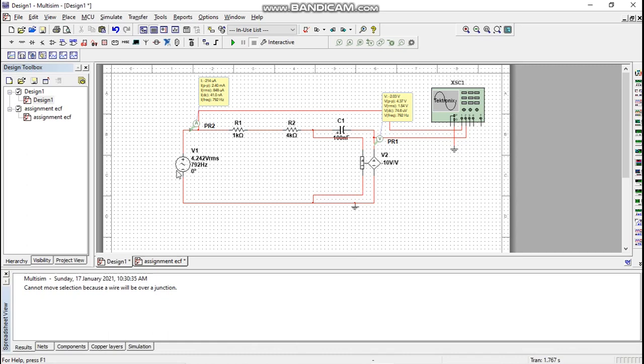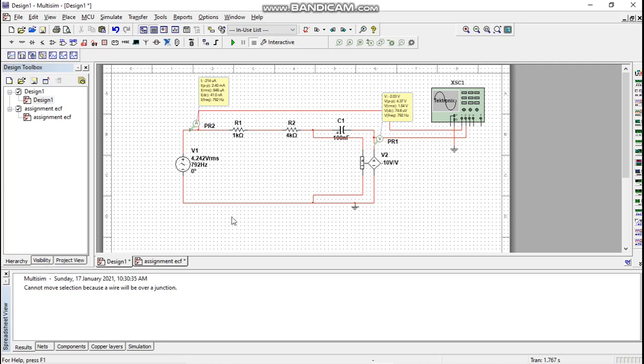I'm using an AC power source, resistor, capacitor, and this is the dependent voltage source. The voltage controller is connected between resistance R2 and the capacitor. For an AC circuit, we are able to use an oscilloscope to get the graph.